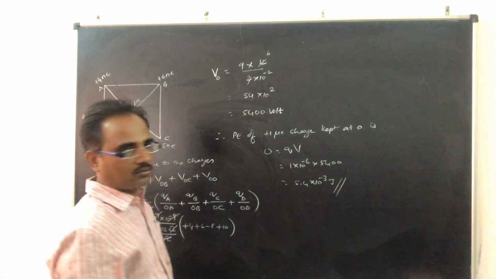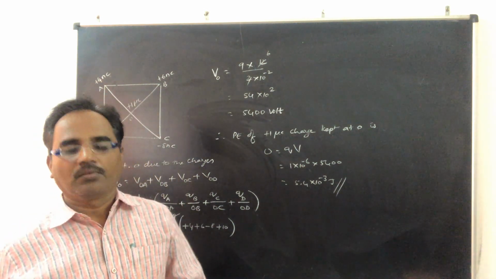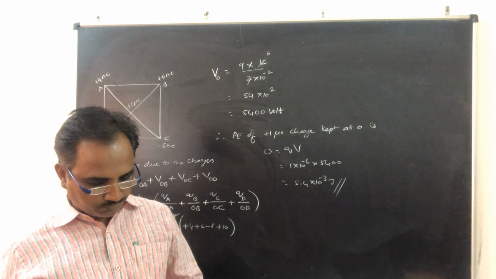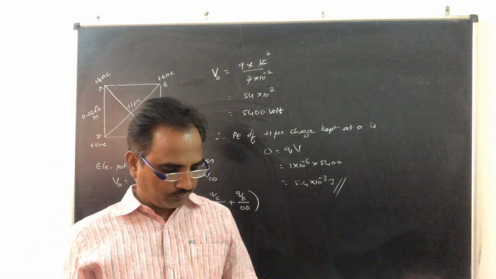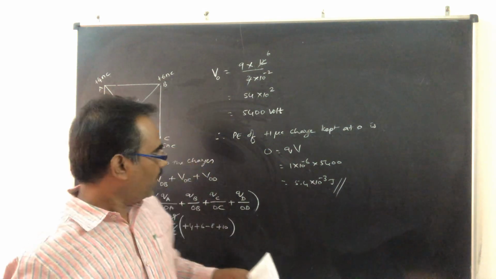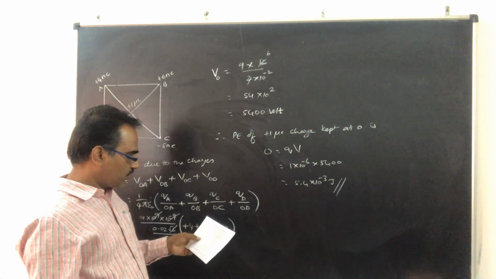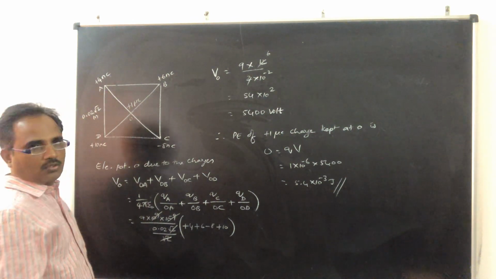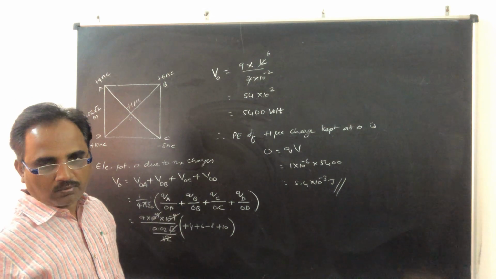This is the answer. So 5.4 into 10 to the power of minus 3 joule. So this is the simplest way of solving this problem.